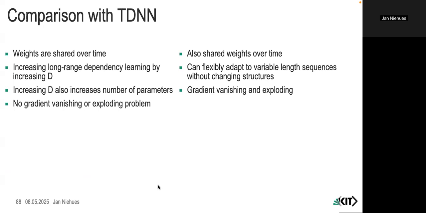In TDNNs we can increase the context by D, the kernel size, so we can have longer context, but we always have a fixed, predefined context size. Also, if we increase D, it means we're increasing the number of parameters. So we should keep in mind that if you want a larger context, you need a larger kernel size and more parameters.